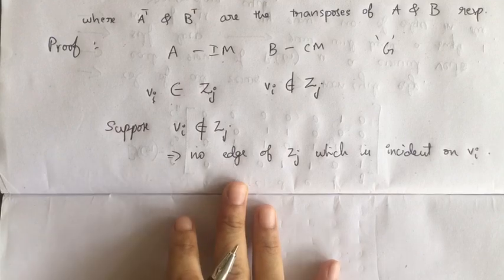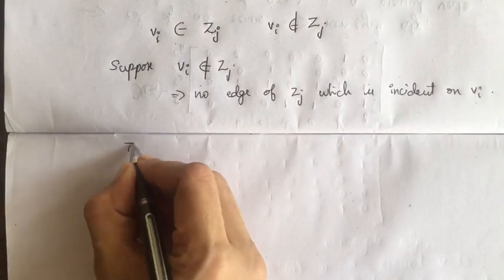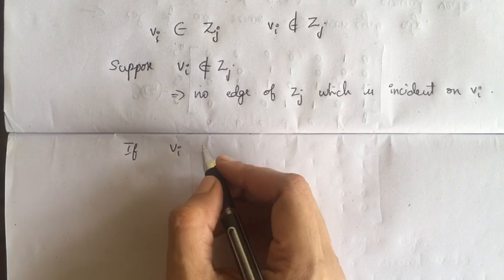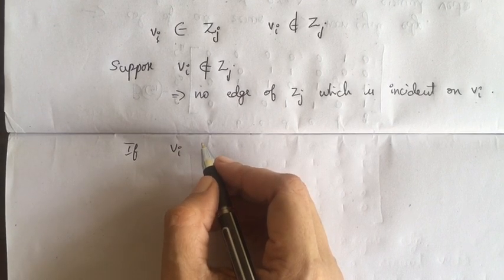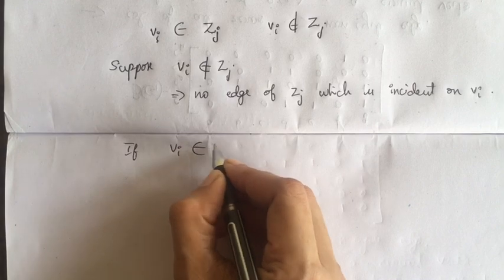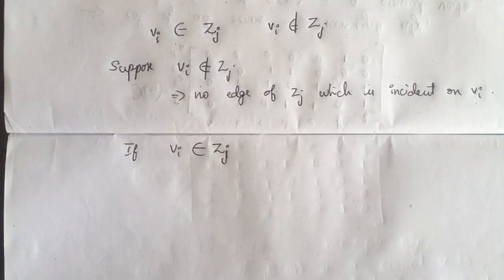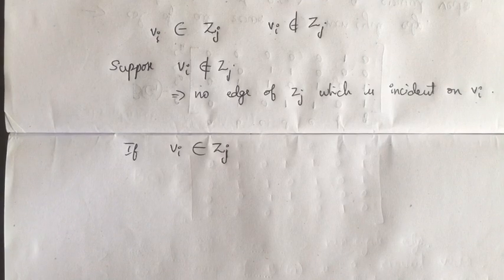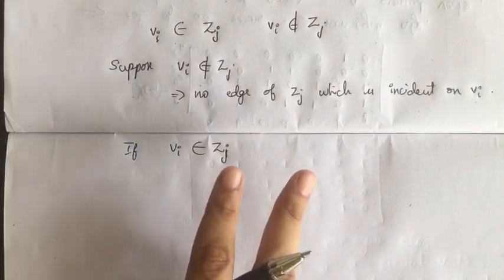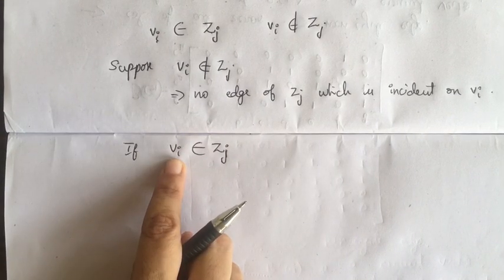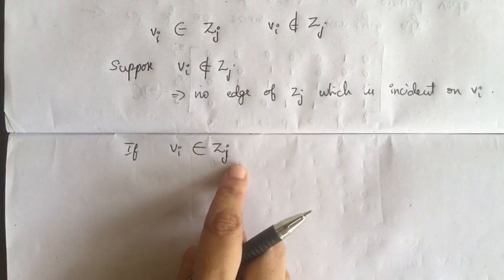And suppose Vi is in the circuit Zj, then what happens? There are exactly two edges of Zj which are incident on Vi, because Zj is a cycle.